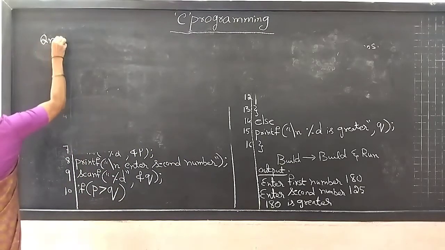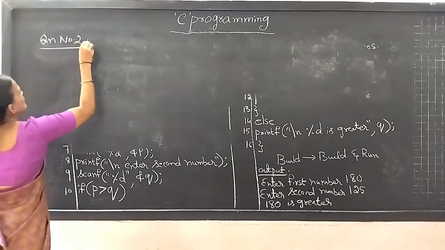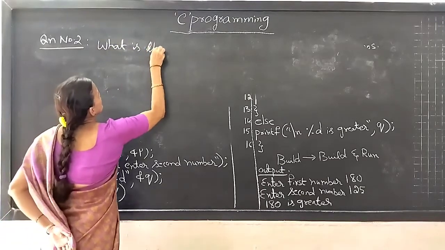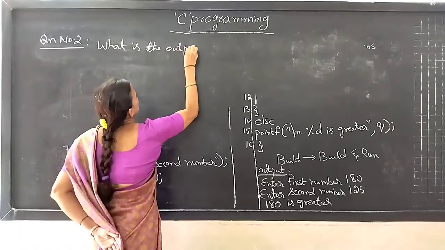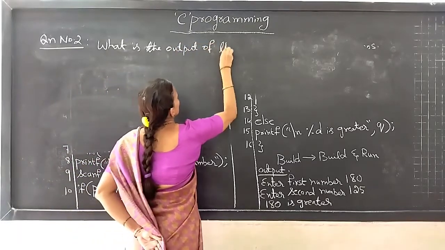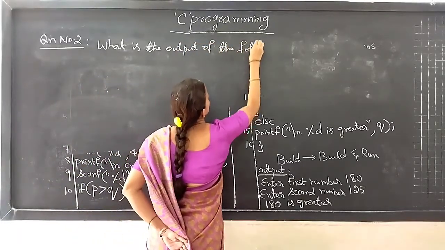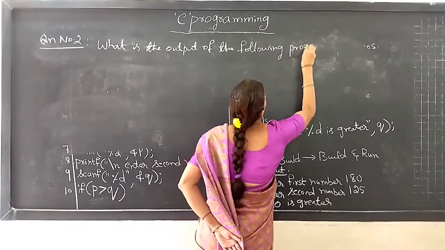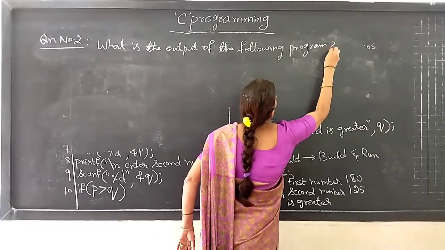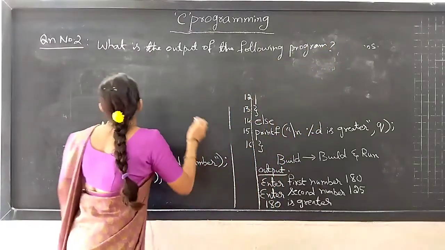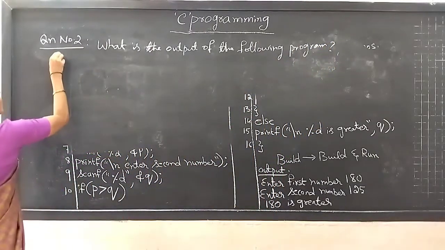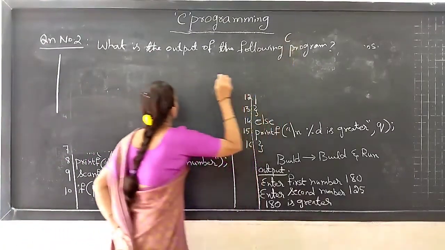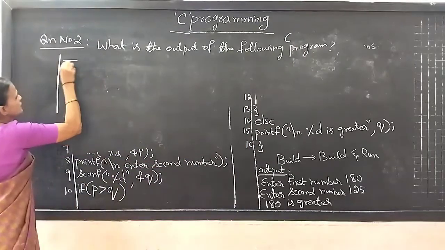What is the output of the following program? The question is, this is the following C program. So the C program will be like this.